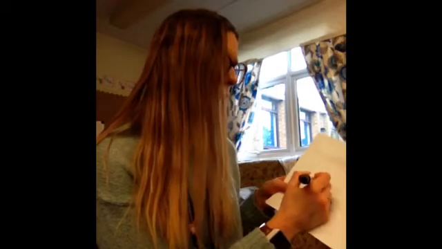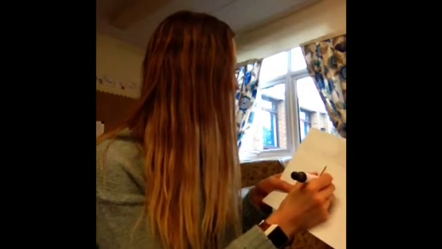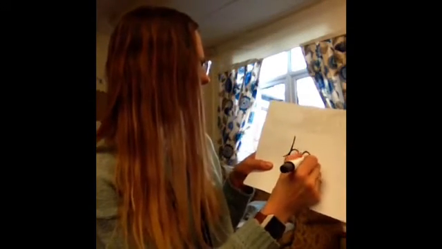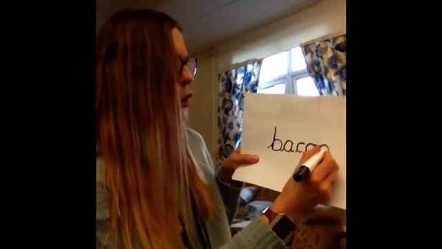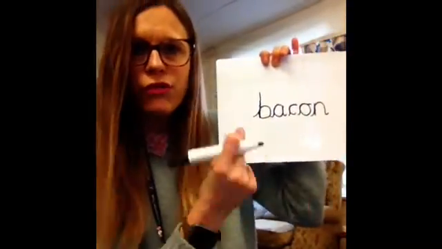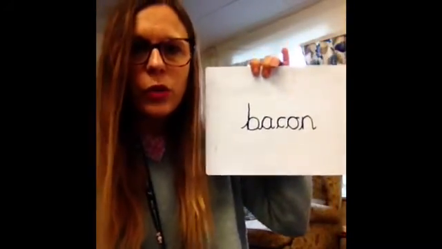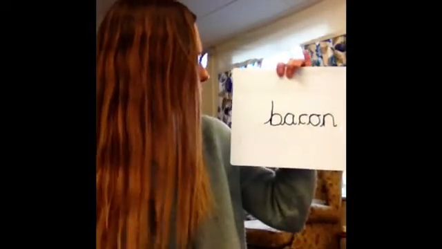Fantastic. Right, so we've done A, we've done O, so let's try it with the A sound. Okay, let's have a look. Again, you might not need to segment this and blend it, you might be able to just read it from sight and knowing this word, but we'll do it all together anyway, just to make sure.